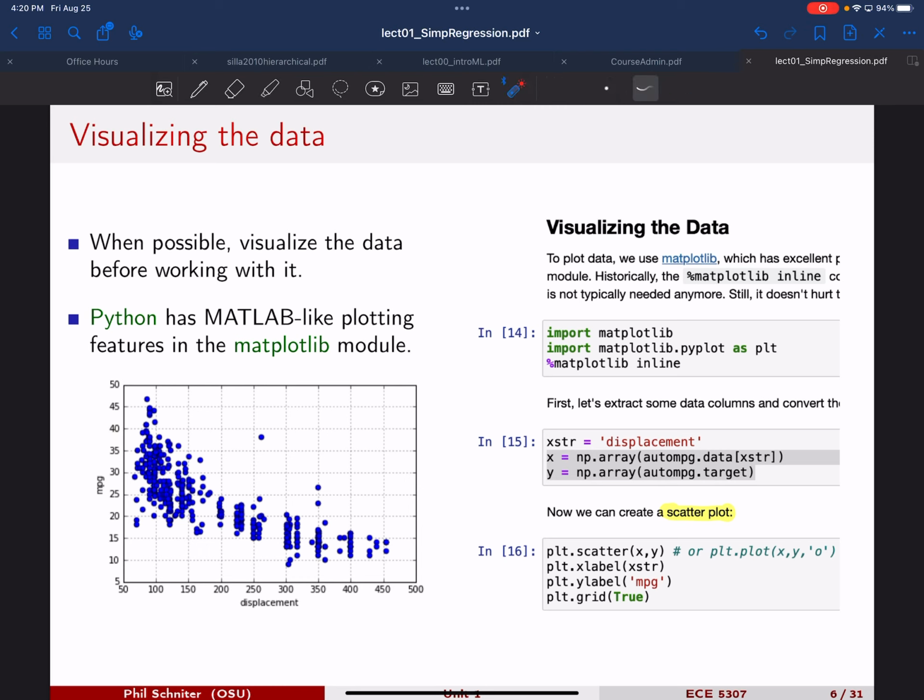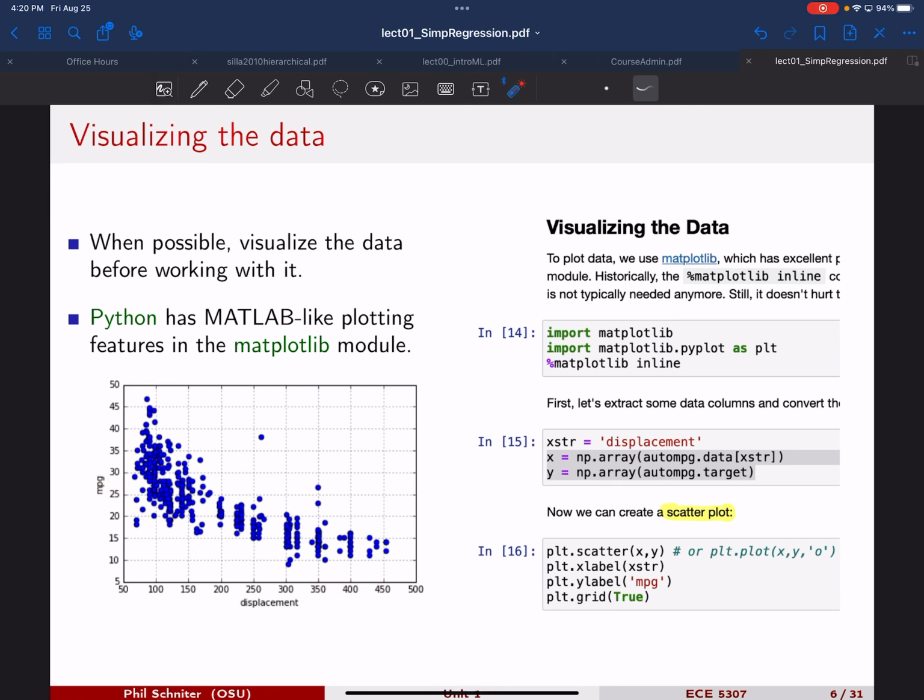So because x are scalar values, y are scalar values, we can just plot this in a simple 2-dimensional plot like this. And we do that by using this matplotlib command scatter. You just say scatter the x vector, the y vector, and it plots this.